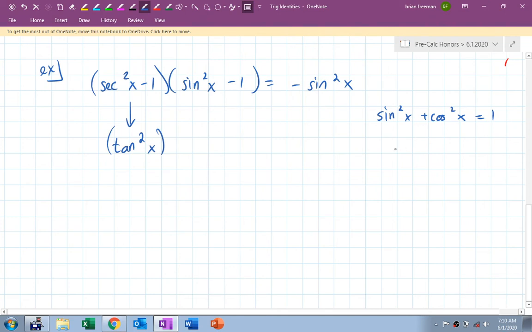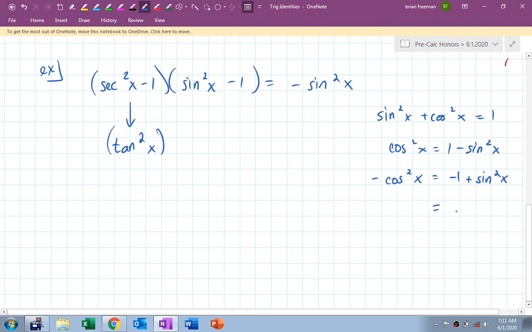Well, if I subtract sine squared from both sides, I get cosine squared x equals 1 minus sine squared x. And that's really close to what we want. The only problem is that I need a positive sine squared, and I have a negative sine squared. So what you can do is multiply both sides by -1. And now we have what we need.